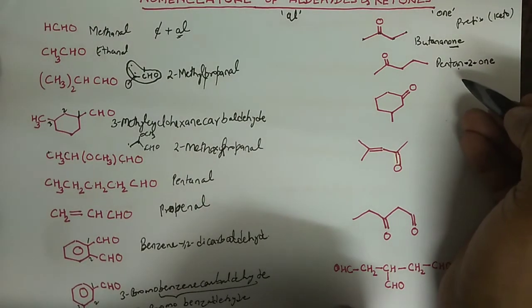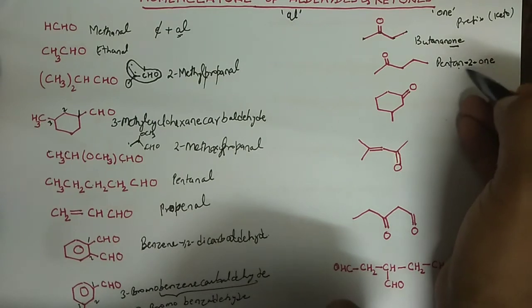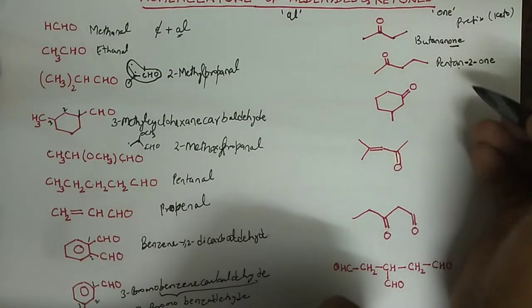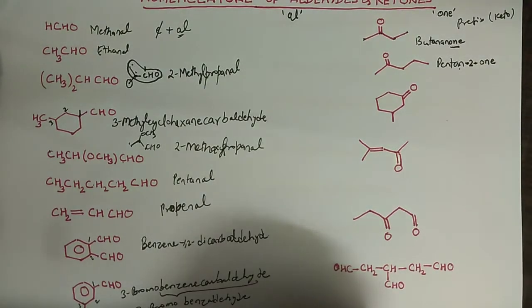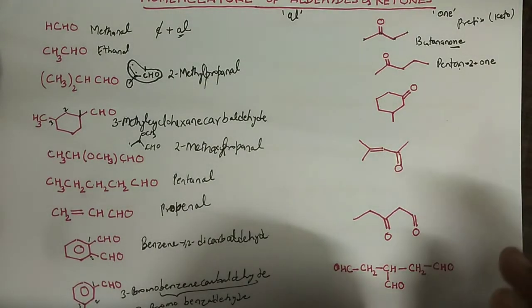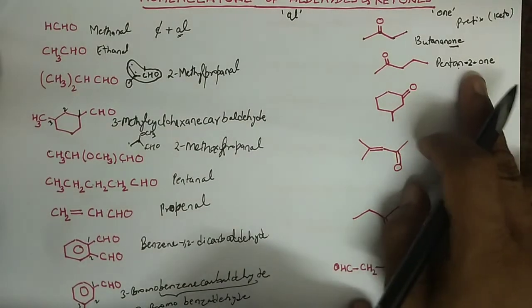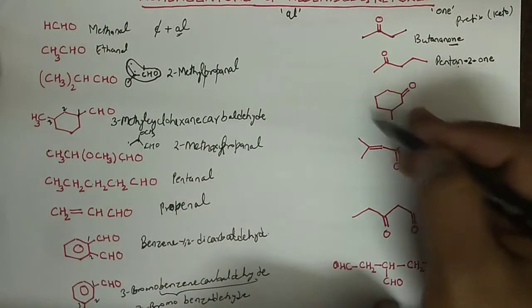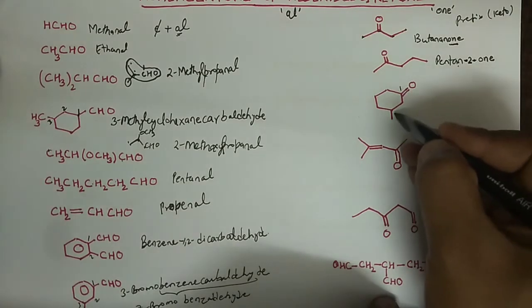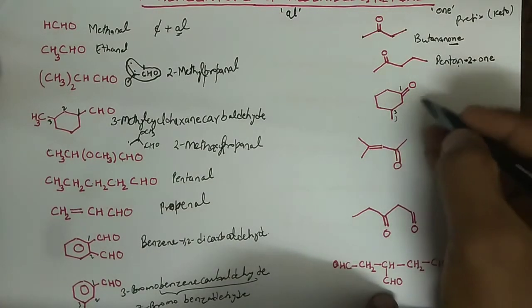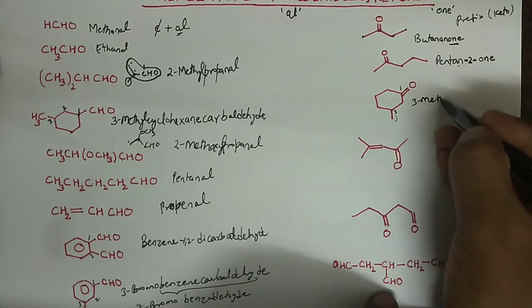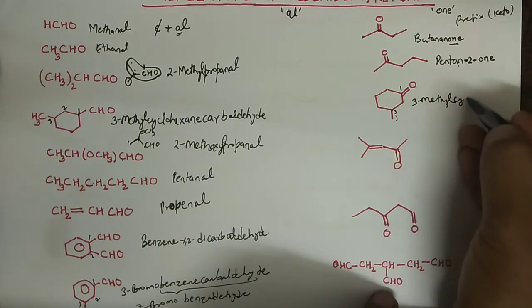And people in simple words say that for writing the position you have to use the hyphens, right? This is one of the ways, but the rule says that whenever you have to jump or switch between the languages, then you are going to use the hyphens, right? Now this compound, here is the 1 and here is the 3. This is 3-methyl, right? So I am writing very simply, it's a 3-methyl and cyclo, right?